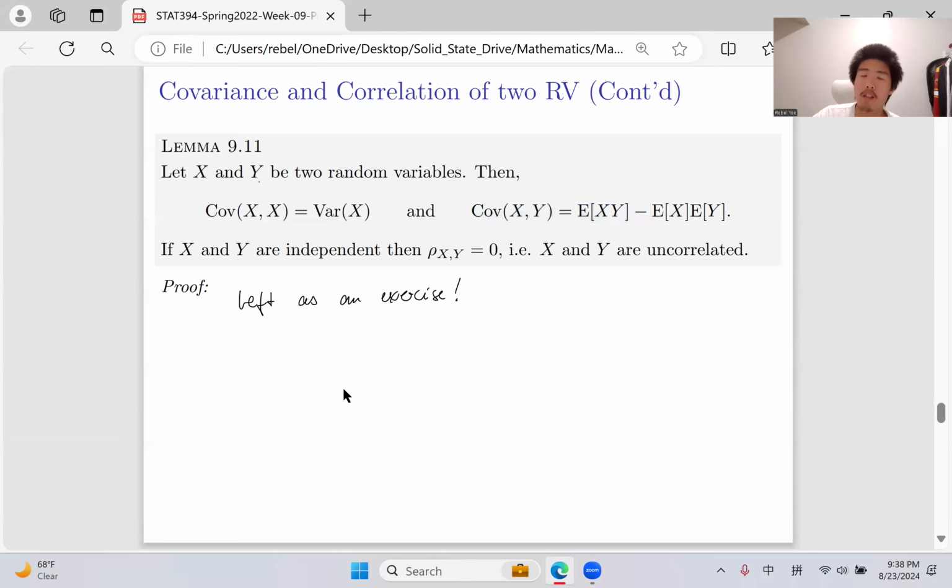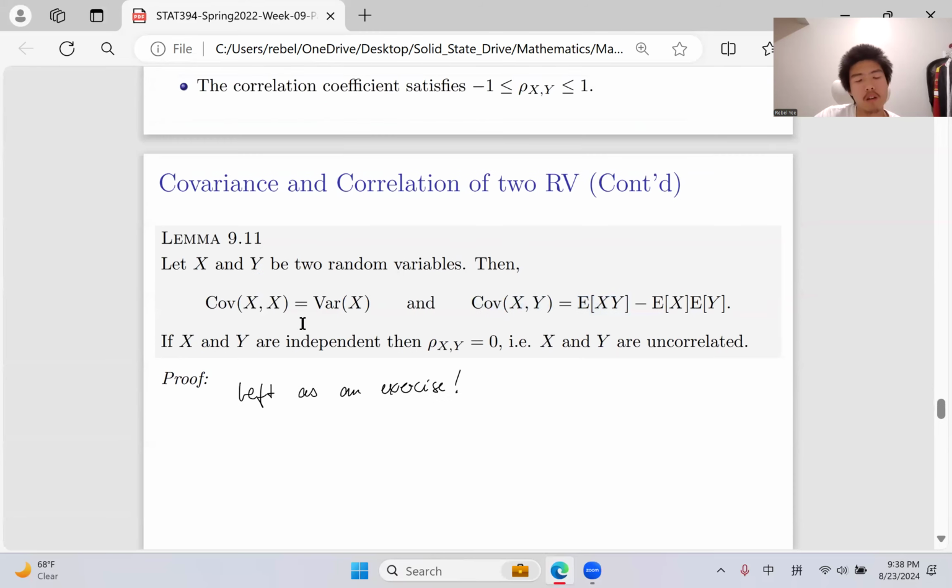And I think this is intuitive, because if x and x are independent? No, they cannot be independent. They must be dependent on each other, and it's 100% dependent because they're the same.